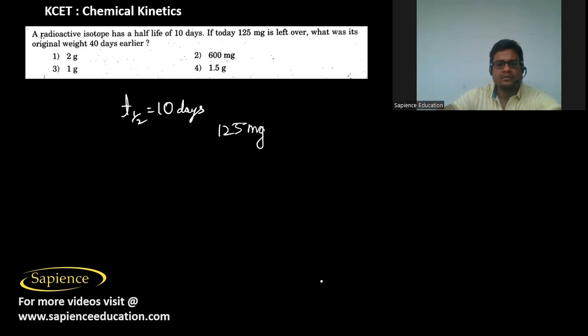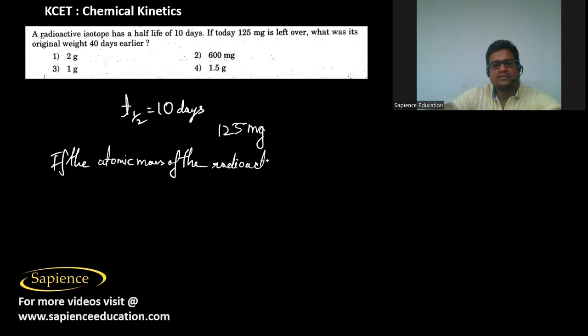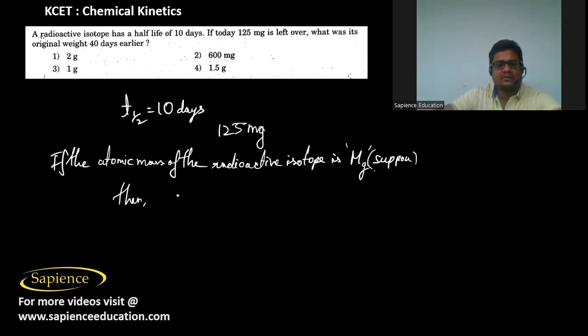So suppose the atomic mass of the radioactive isotope is M gram.